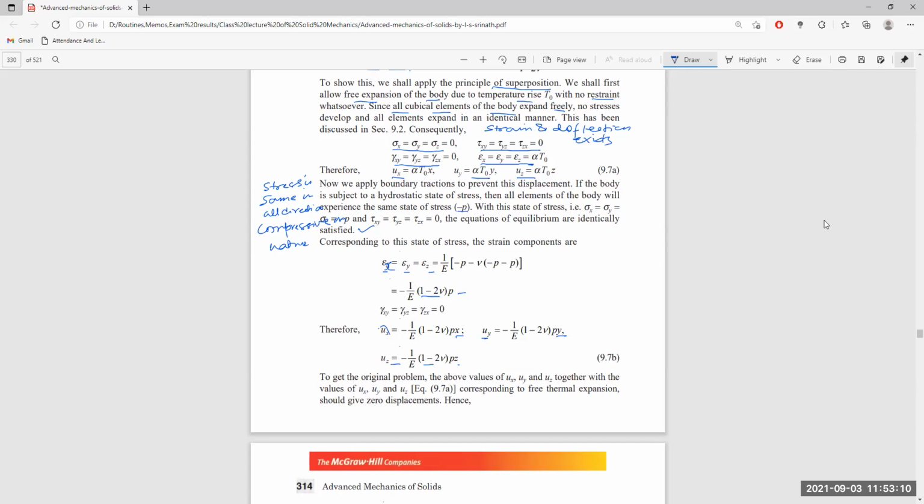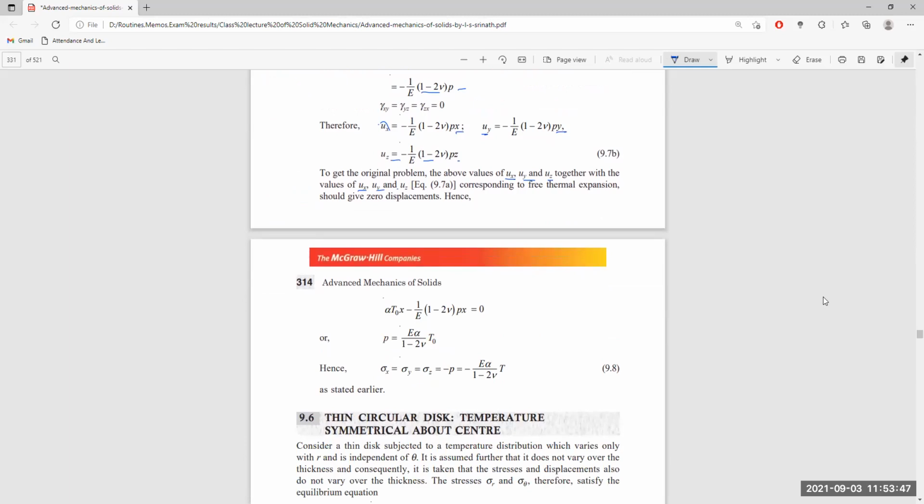So in the original problem, the above values of Ux, Uy, and Uz, together with the values already produced due to the change in temperature, we can use both together: the change in displacement due to temperature and the change in displacement due to the external force P, where no restriction takes place. No stress is induced, but strain in the longitudinal direction is induced.